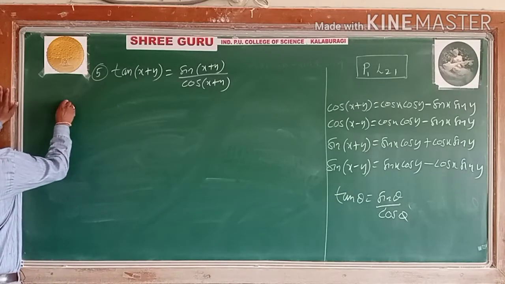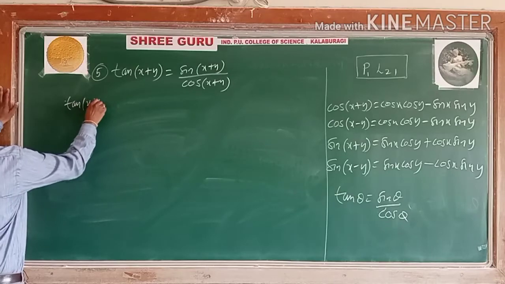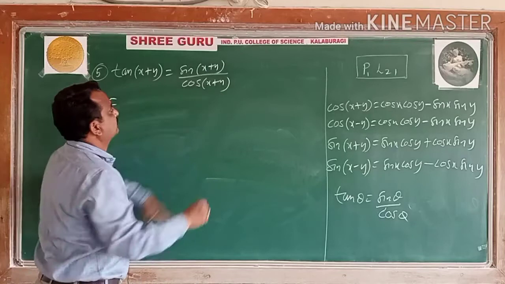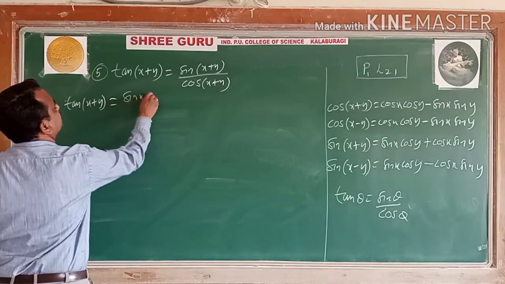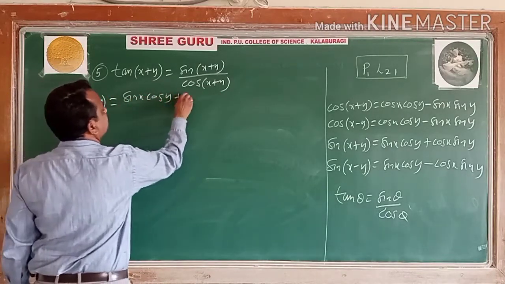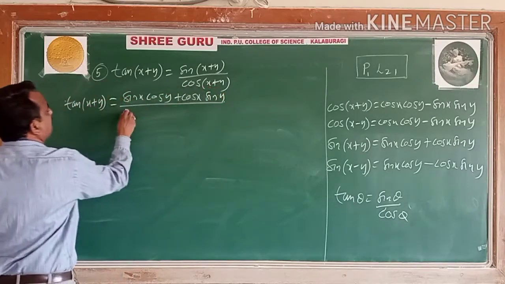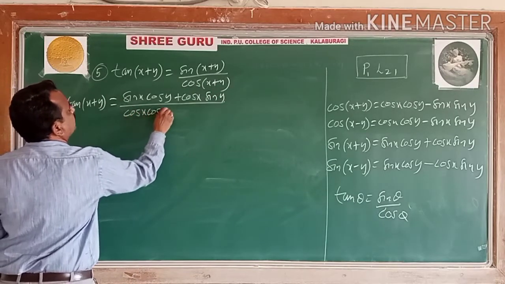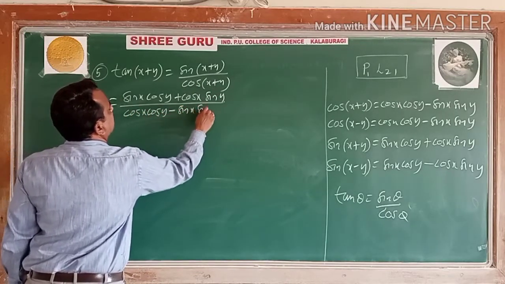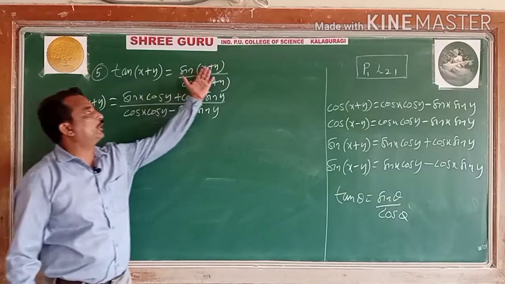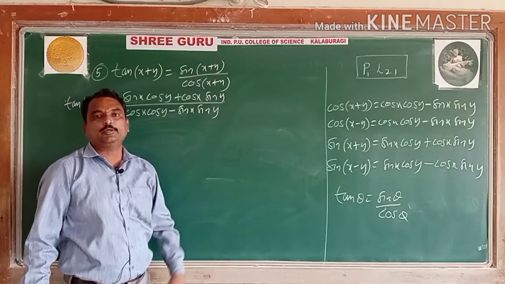You know the formulas of sin sum and cos sum. Substitute: sin x cos y plus cos x sin y, divided by cos x cos y minus sin x sin y. You have substituted the formulas of sin of x plus y and cos of x plus y.